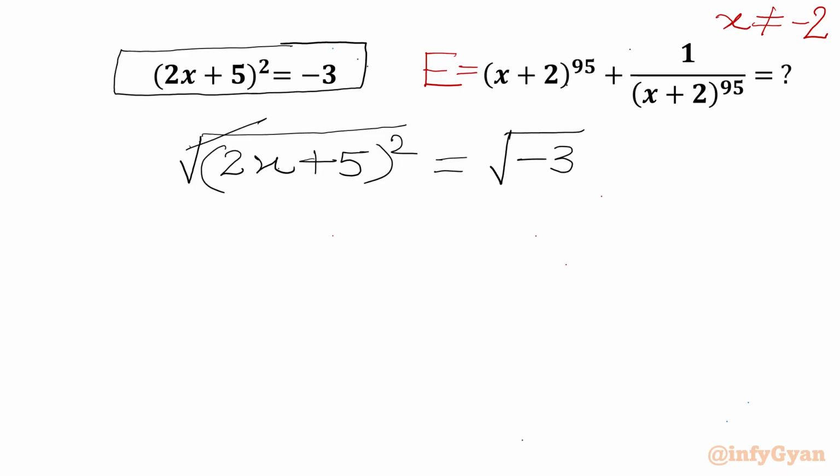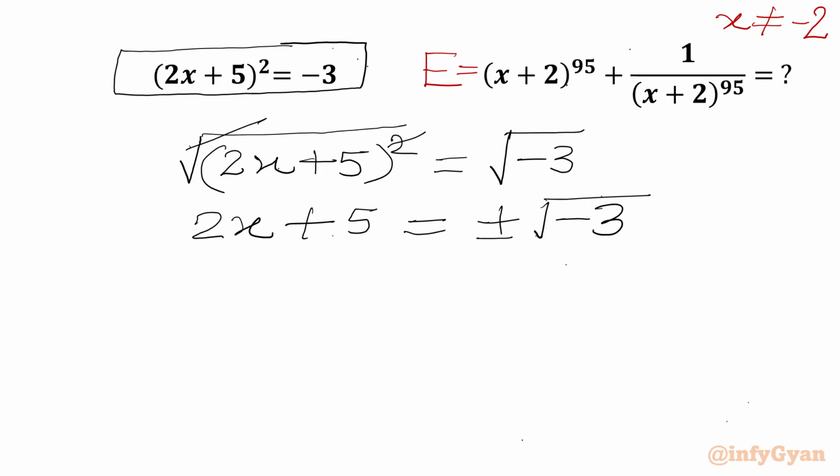Now the square root and square will cancel from the LHS. We will write 2x + 5 equal to plus minus the square root of minus 3. Or we can write 2x + 5 equal to plus minus square root of minus 1 times square root of 3.